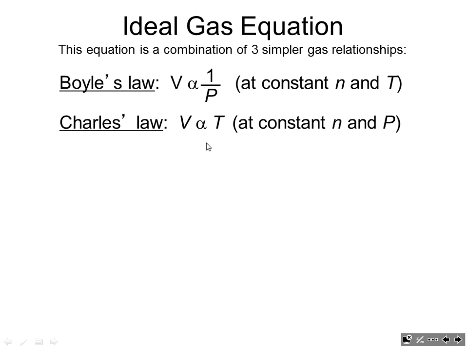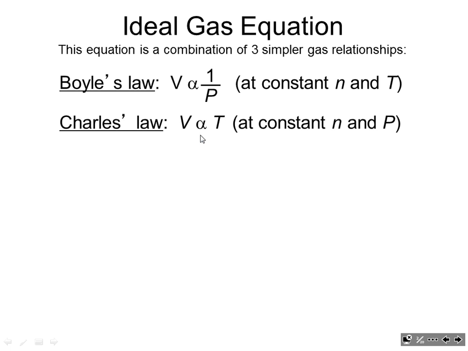So it's a Greek letter, and it just shows a relationship. You're going to see that we're going to eventually add a constant to that to turn it into an actual equation. So that little alpha that you see in both of those is just showing that there is a relationship.